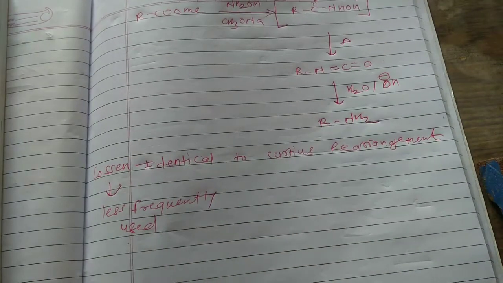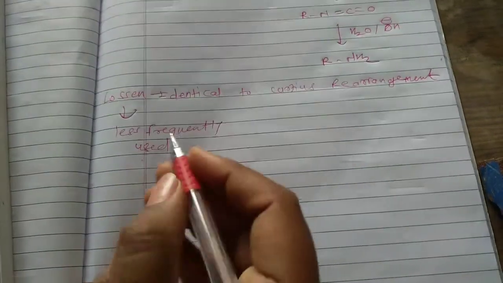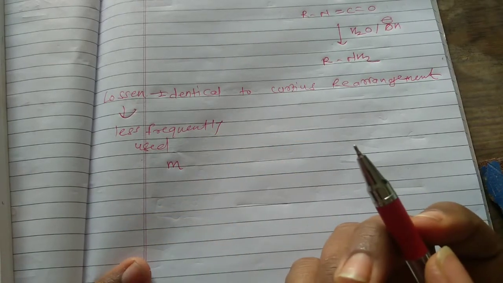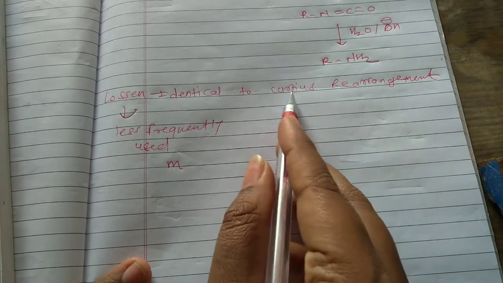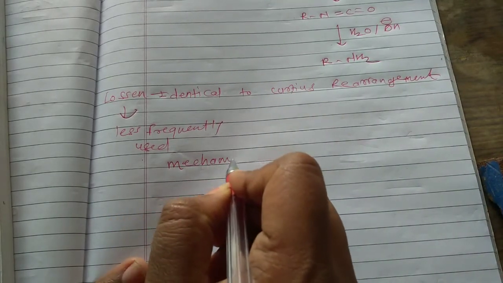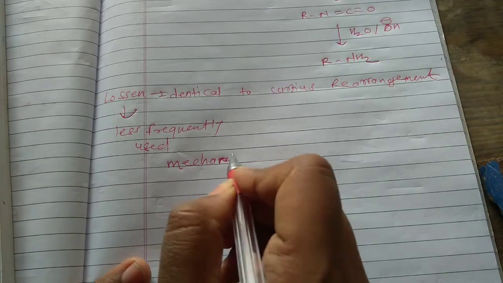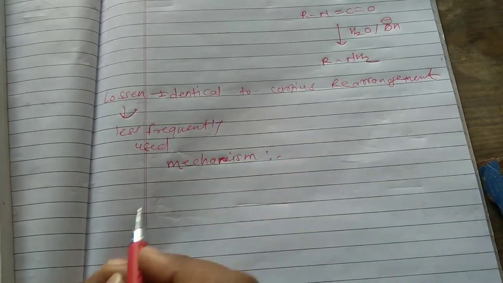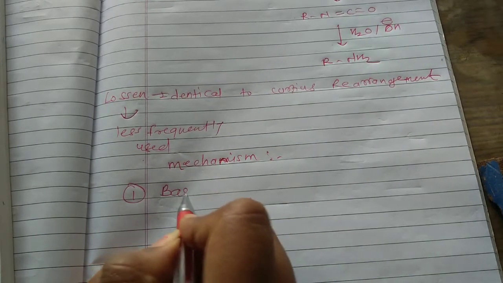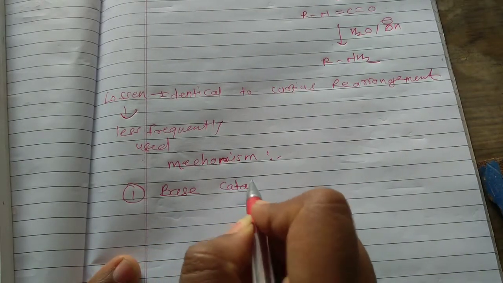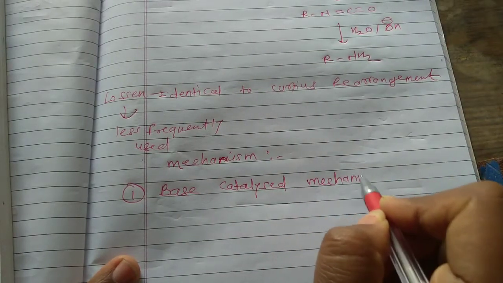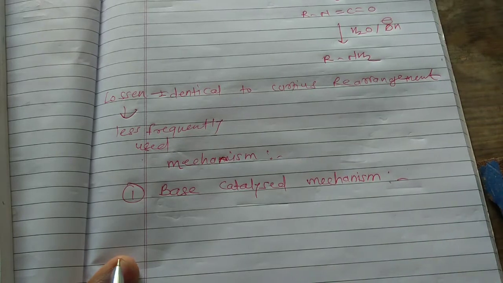Okay, let me learn the mechanism of the formation of the isocyanate. The mechanism is the same as the Curtius rearrangement reaction. Here we learn first of all the base catalyzed mechanism. In this mechanism, what happens?